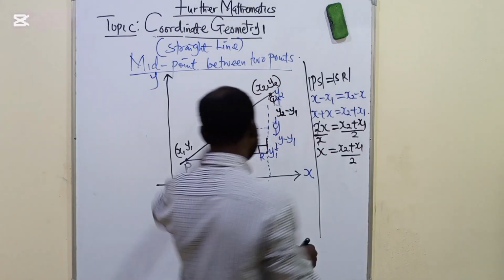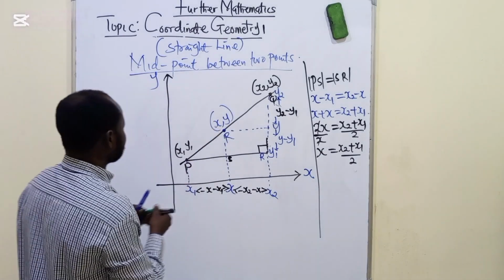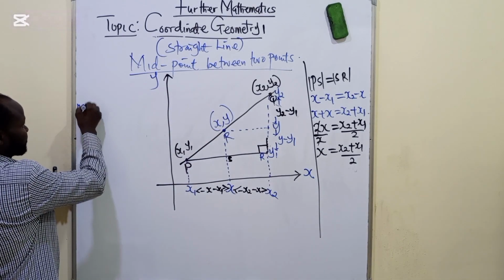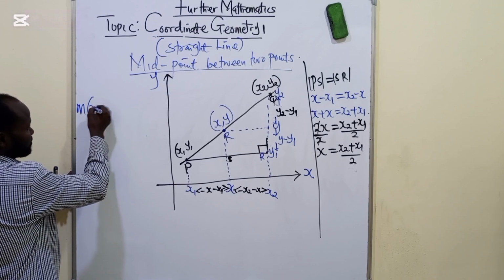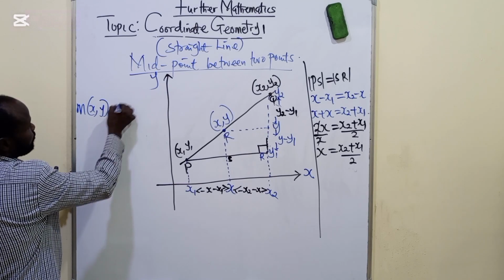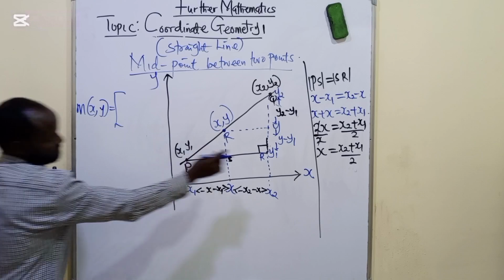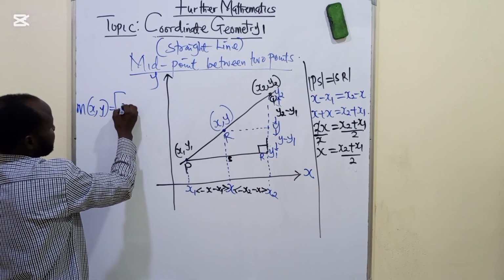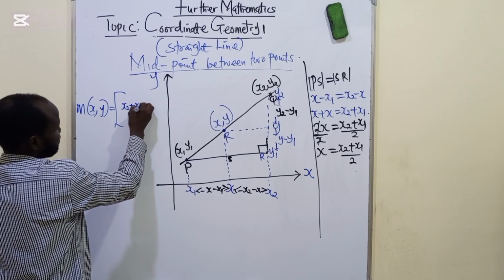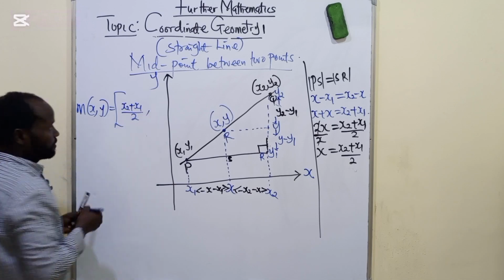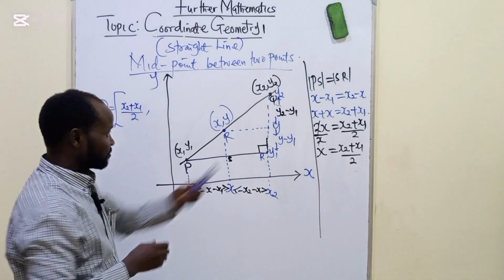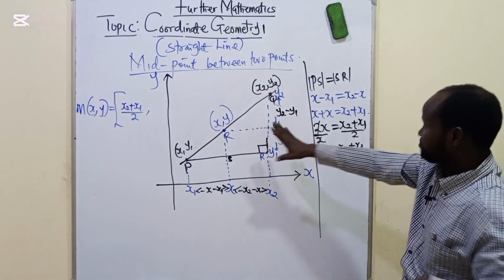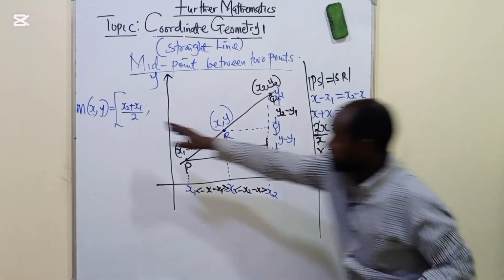So this is for the x coordinate now. So clearly here, the formula for the midpoint M(x, y) will be equals to x2 plus x1 divided by 2, comma. This is now for x. We're trying to form the formula for midpoint now. This is how we come about the x coordinate.